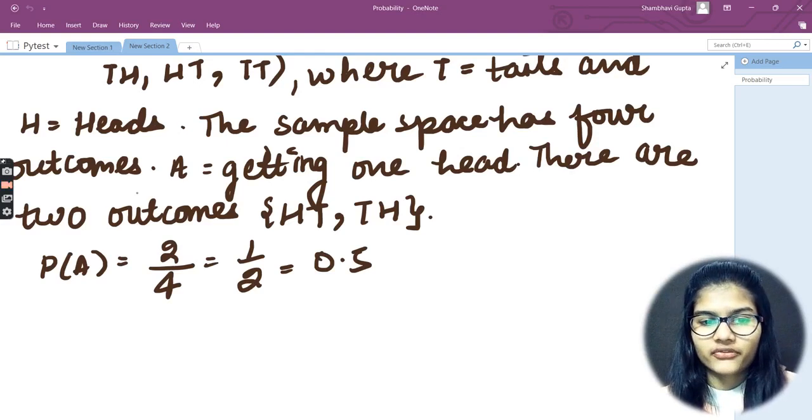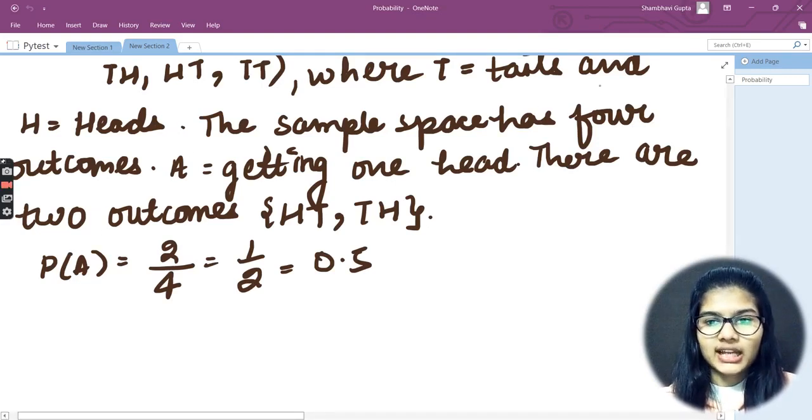Further I have 0.5, and the probability of A is 0.5, so that means it is equally likely to happen, right? This was what we just discussed as well. So hope I am pretty much clear with this example which I have taken up here.